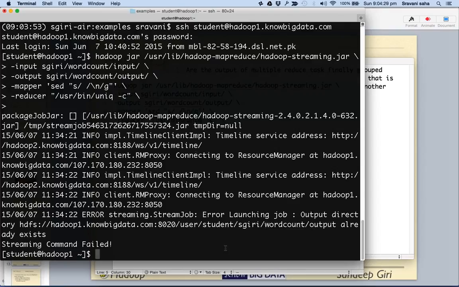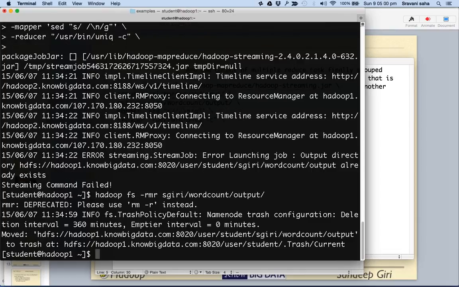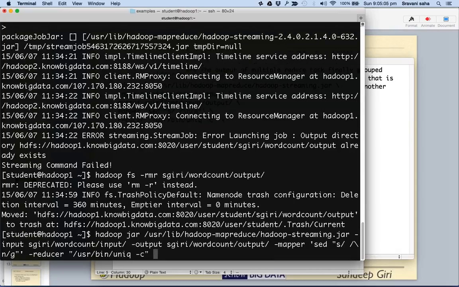We have to keep that in mind: if you're planning a bigger project and say every day you are running a job, then this folder has to be either deleted or renamed. So if the output folder already exists, we can delete it like this, with Hadoop fs rmr. Be cautious with this command because it can wipe out the whole HDFS.